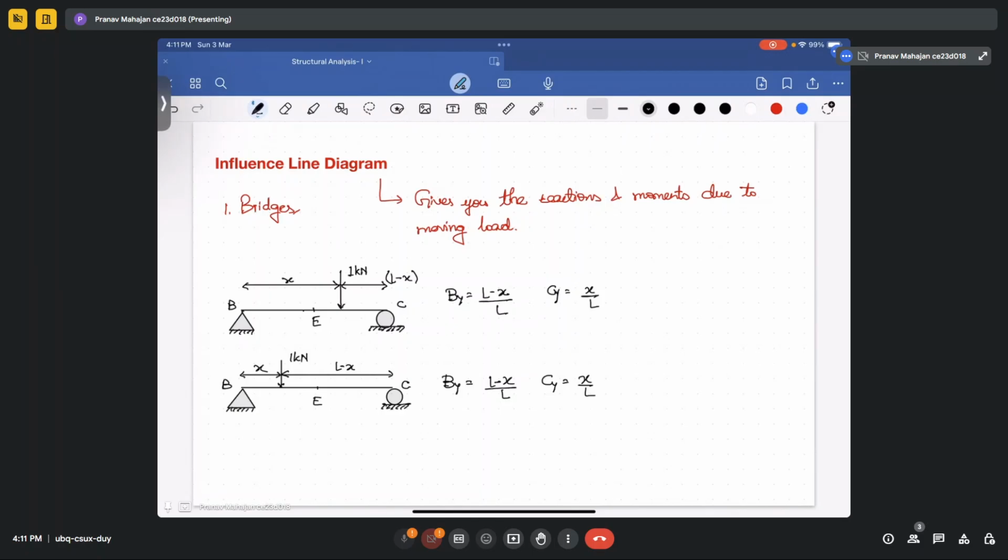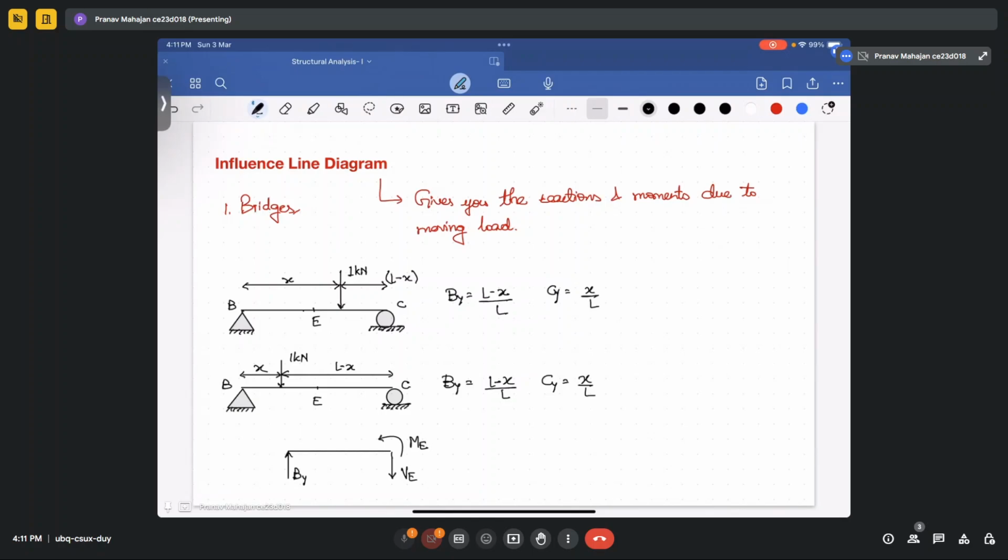Now, here, what will happen if you want to calculate the shear at E? So, what will be the shear at E? Use the sign conventions that are provided to you. Suppose this is your By. At any particular section, your VE will be downwards, and you have an anti-clockwise moment here, that is ME.